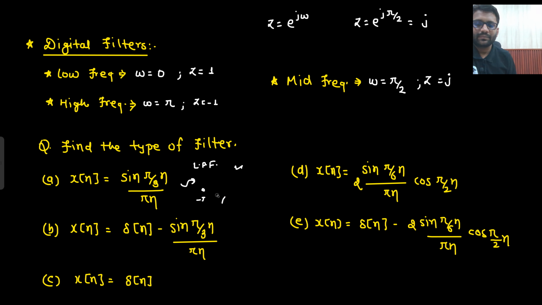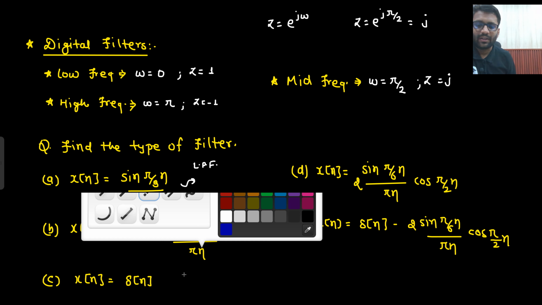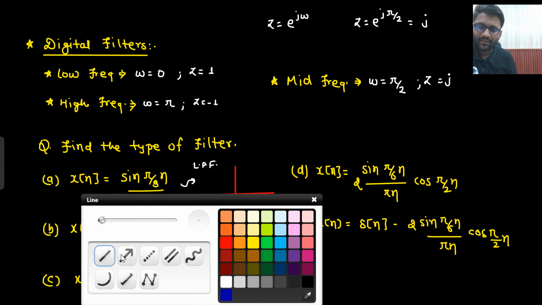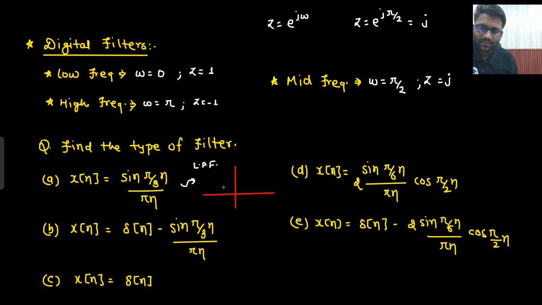So a very rough diagram I can make, but in a good manner I will make it. Between minus pi to pi is my matter of concern, nothing else. This would be minus pi by 3 to plus pi by 3, but my matter of concern is between minus pi to pi. So this is a low pass filter.